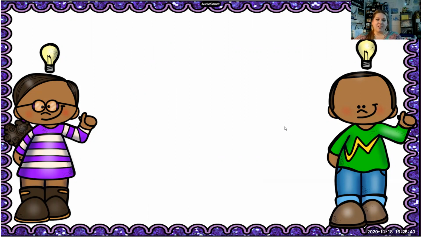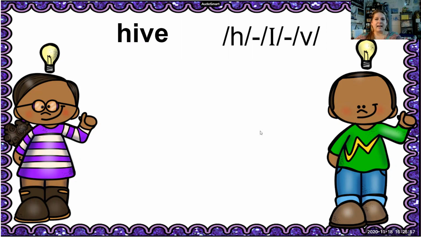Good. All right. Our next sentence is the bees live in the hive. Hive. I hear 3 sounds. Hive. And remember, it's capital I because it's a long vowel sound because I can't put the little long streak on the thing.